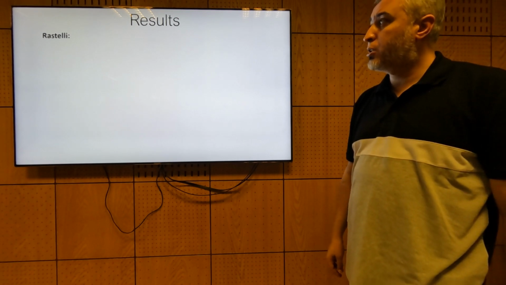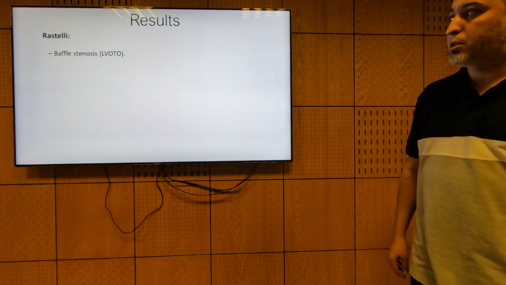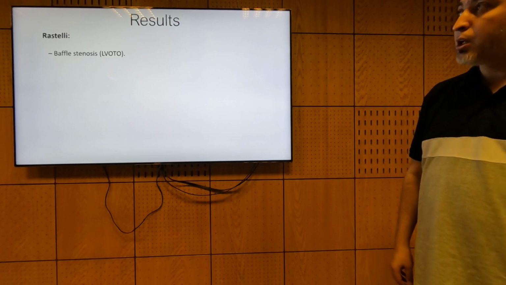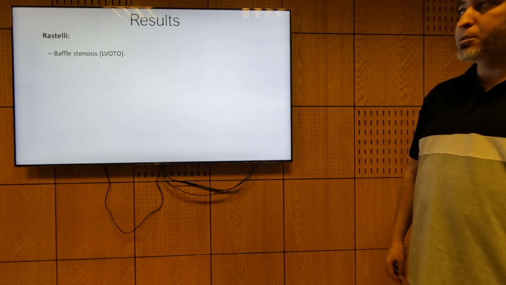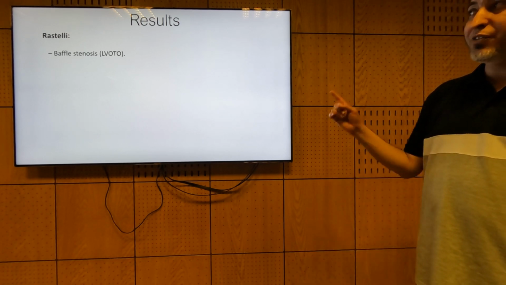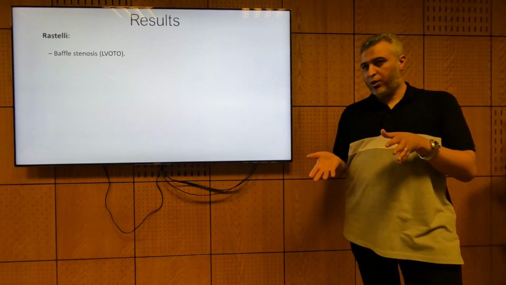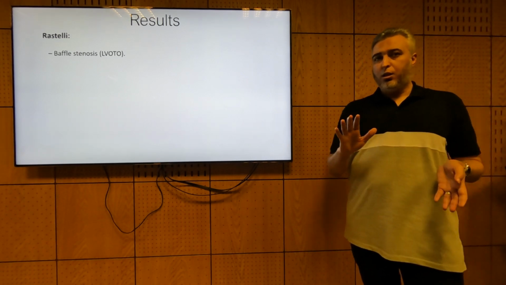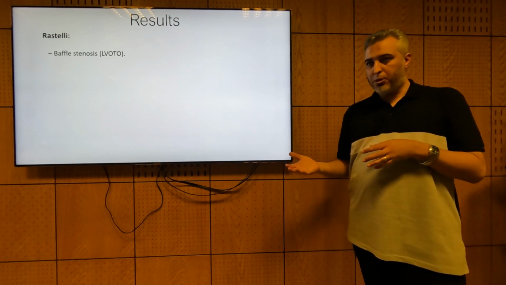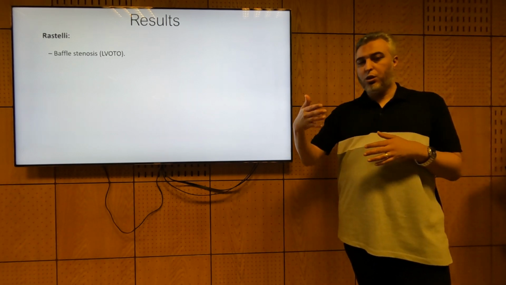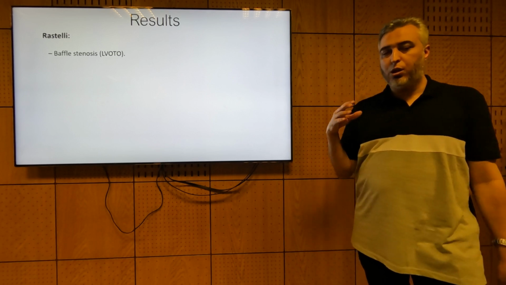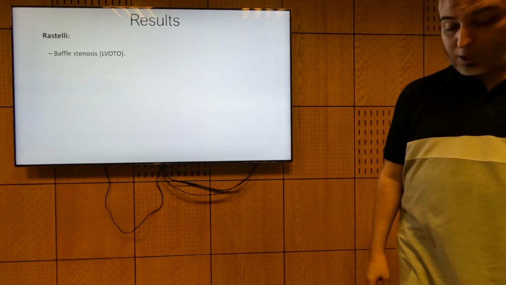So the Rastelli operation, the ventricular intracardiac baffling. The major problem here is getting baffle stenosis, either early after operation, where the anatomy was not suitable, with a small VSD or conal septum in between, or an inadequate baffle.